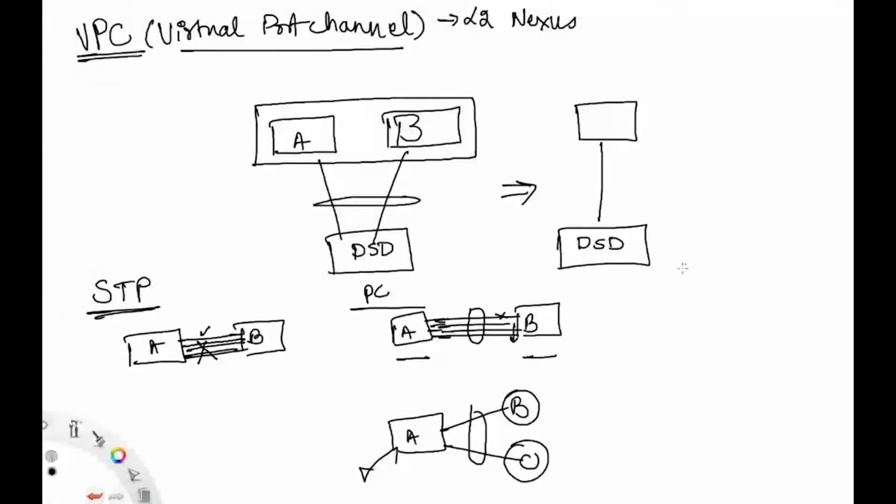All right. Now, for configuring port channel, again, there are different ways. Dynamically, you can configure port channels using certain protocols like LACP and PAGP. What is LACP? LACP over here is Link Aggregation Control Protocol, which is definitely open standard.